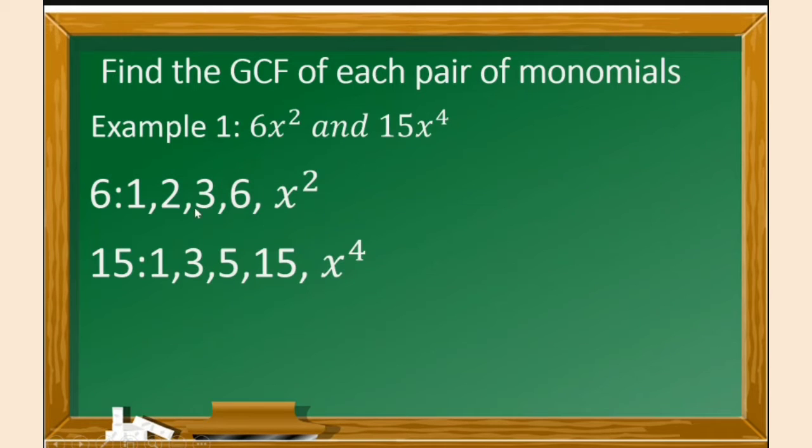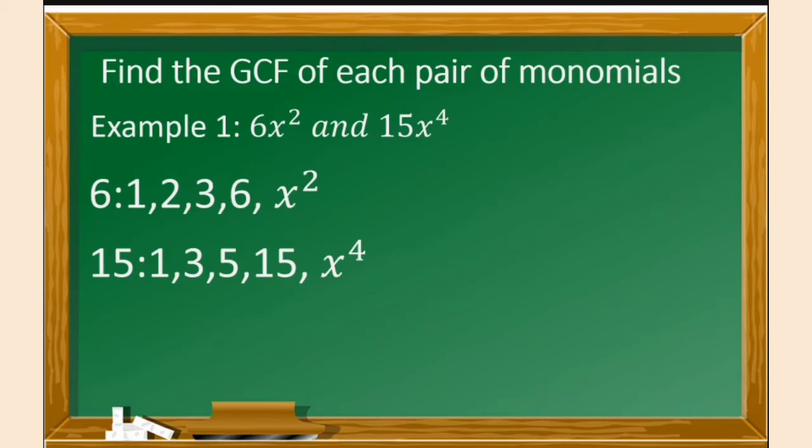How about 15? The factors are 1 and 15. Yes, possible. How about 3? Also possible, because 15 divided by 3 is 5. How about 4? 4 is not possible. How about 5?